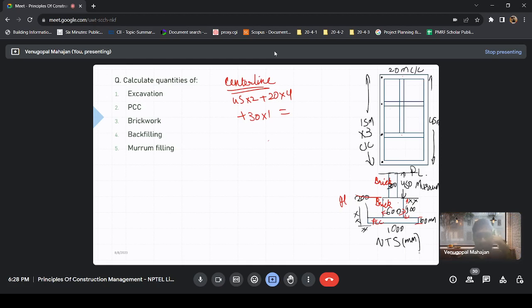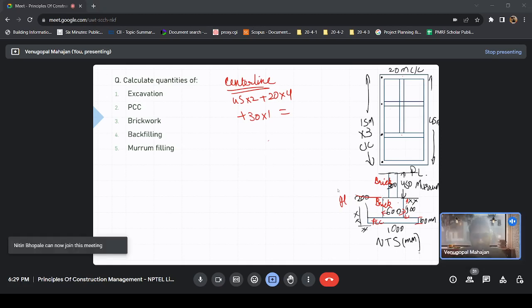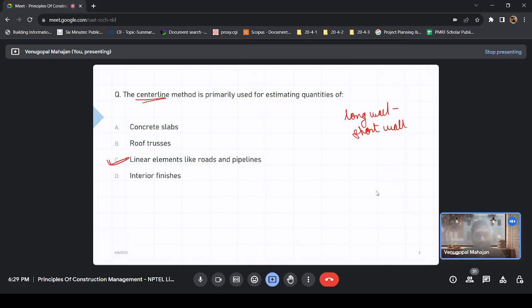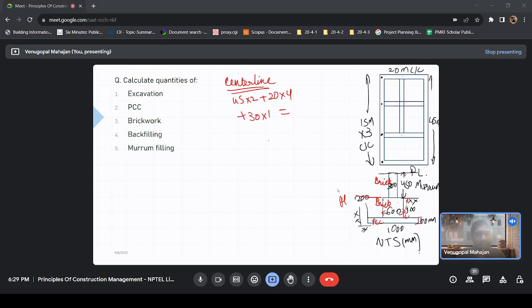Sir, can I say something? Yeah, definitely. Sir, I had read in some of the literature that one of these methods, I don't remember which, is called the PWD method. So we can go by that. Just prior to coming to this question, we discussed one objective the centerline method is primarily used for: linear elements. When you have got elements like this, PWD generally prefers the long wall short wall method, and they say it is more effective.